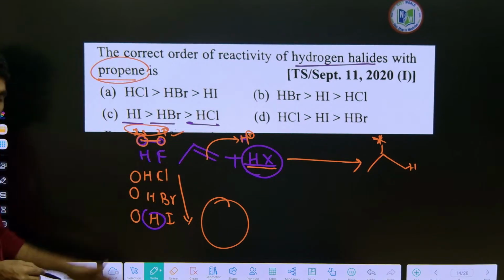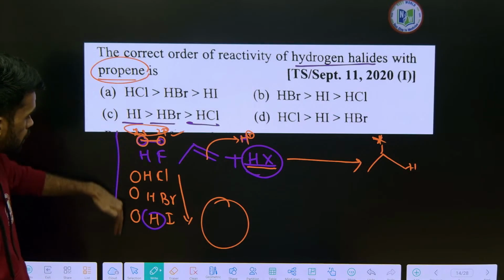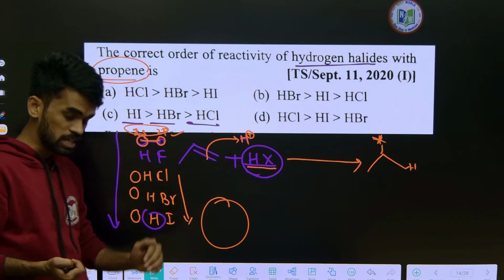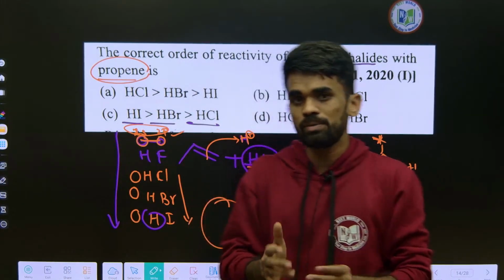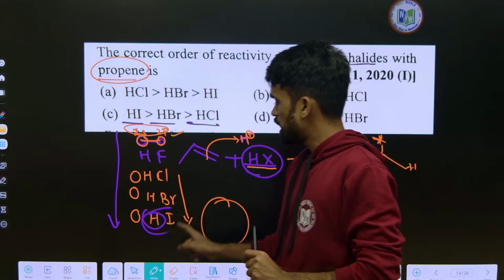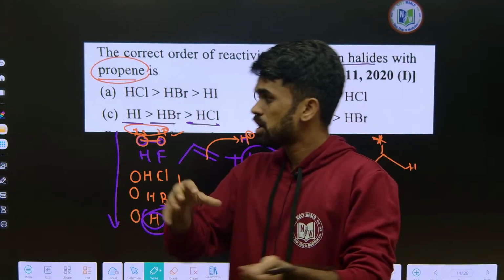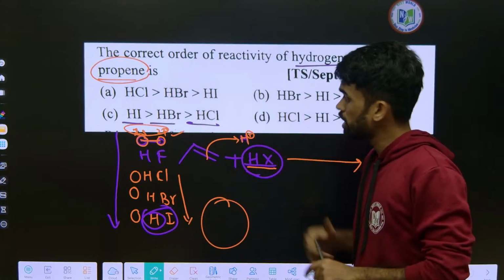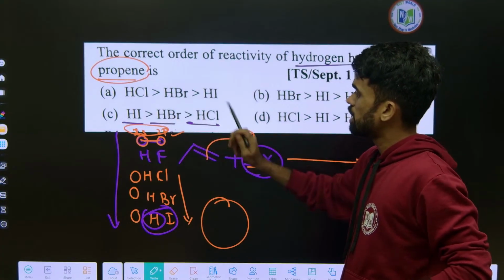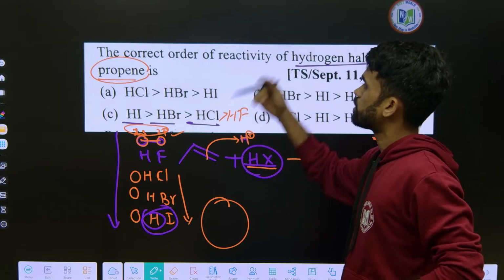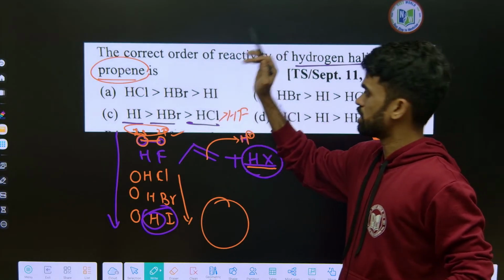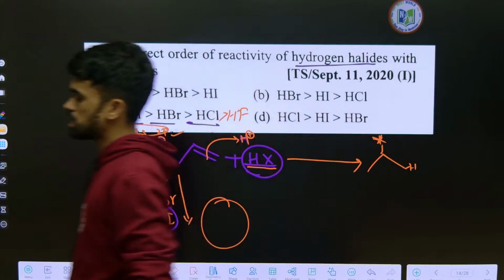So down the group, bond strength decreases, the bond breaks easily, and H plus ion comes out easily, so that will be more reactive. That's why we say HI is a stronger acid compared to the other acids. So HI, HBr, HCl and the least is HF. This will be your order of reactivity and order of acidic nature. So option C will be your answer for the question.